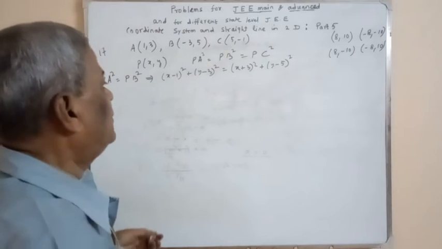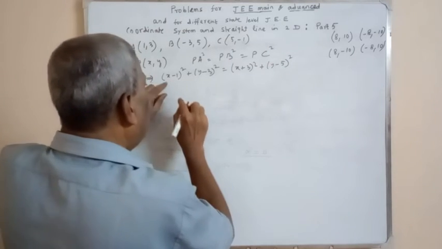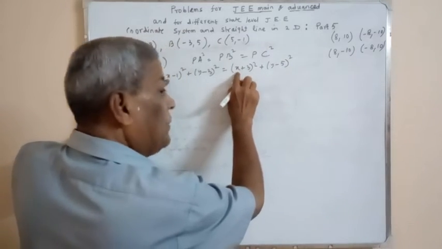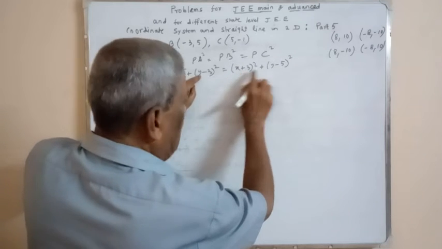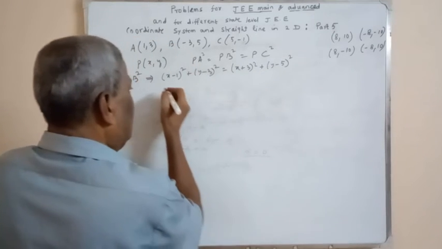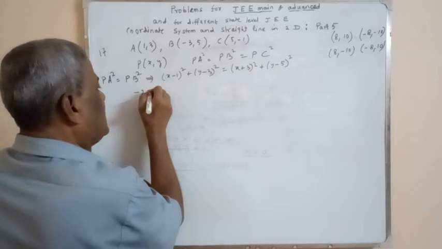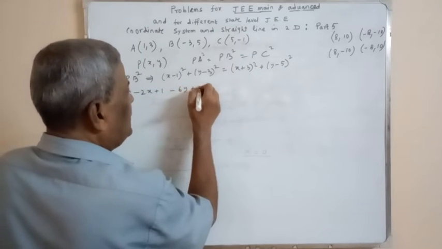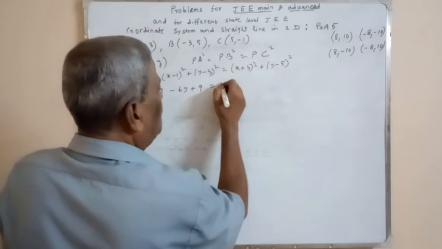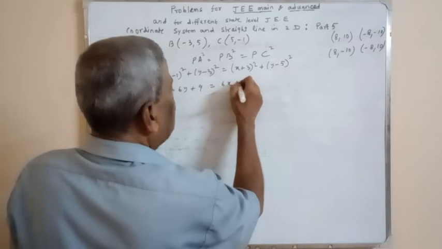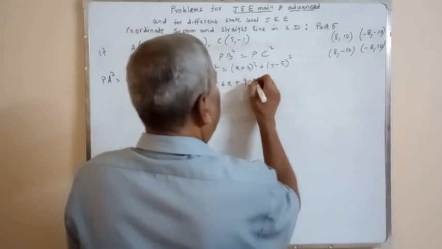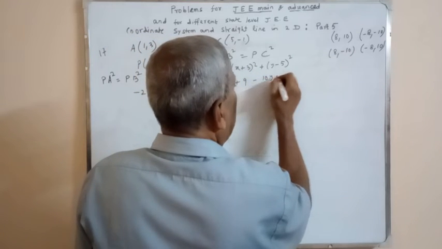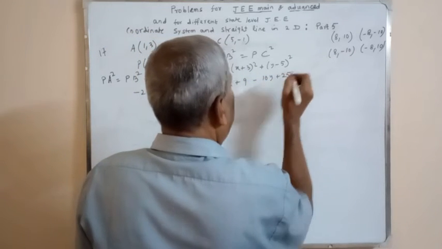Now simplifying, this x square and that x square must cancel. Y square, this y square must cancel. So minus 2x plus 1 minus 6y plus 9 is equal to 6x plus 9 minus 10y plus 25.